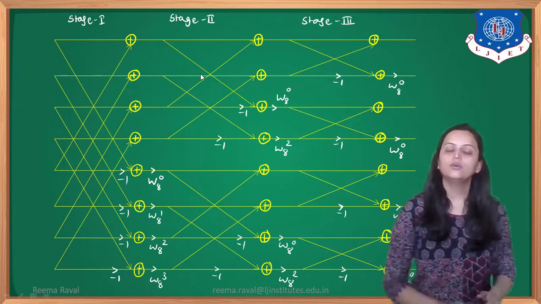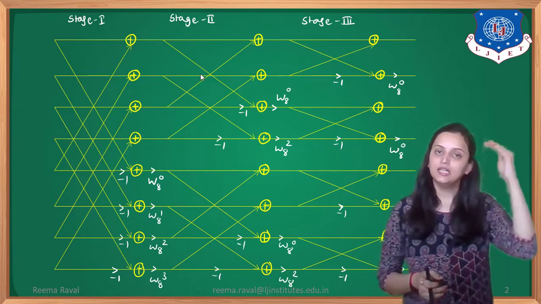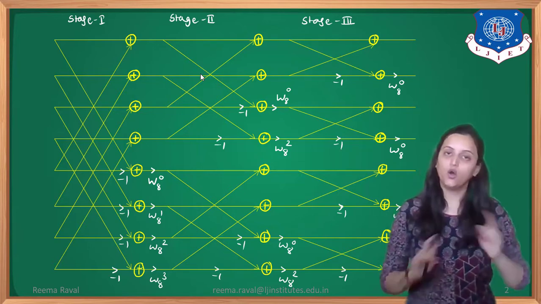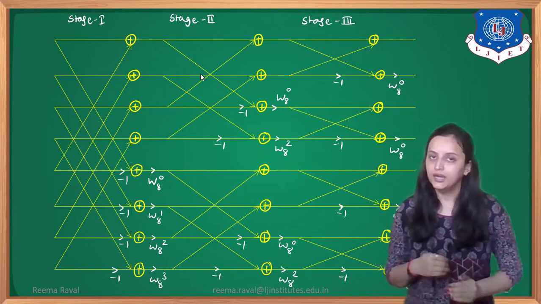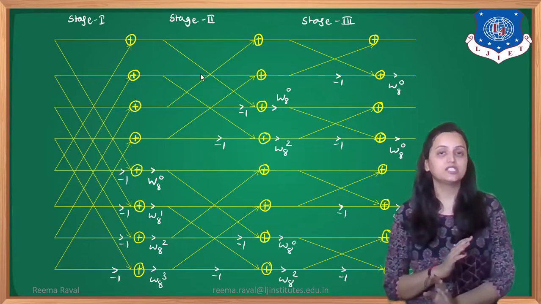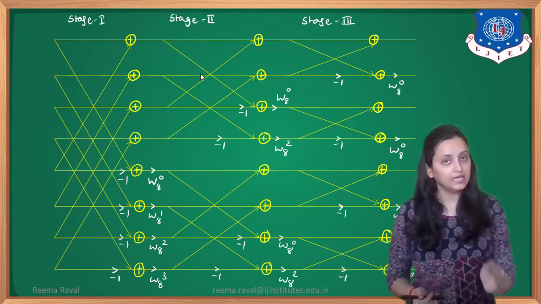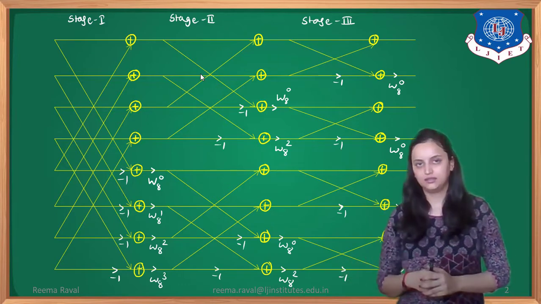In DIT FFT, the inputs are placed according to the even and odd logic, and the output was in order. But here, as we have reversed the structure, the input given to the DIF FFT structure is in order, but the output will be of the even and odd type.